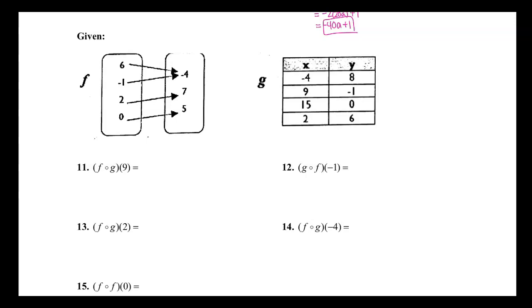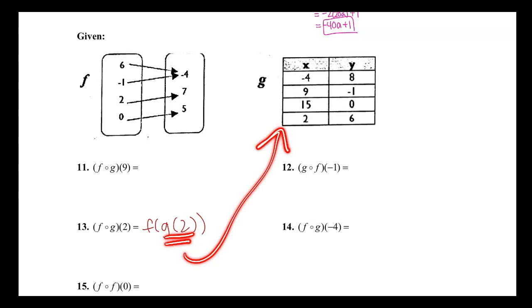So for question 13, that's the first one I said I was going to do. We're going to rewrite this for the composition as f of g of 2. Normally, I would look at the g equation, substitute in my 2, and then once I get that answer, I would substitute that in for f. Well, I don't have an equation here. I do, however, have a table and a mapping. Let's focus on g of 2.